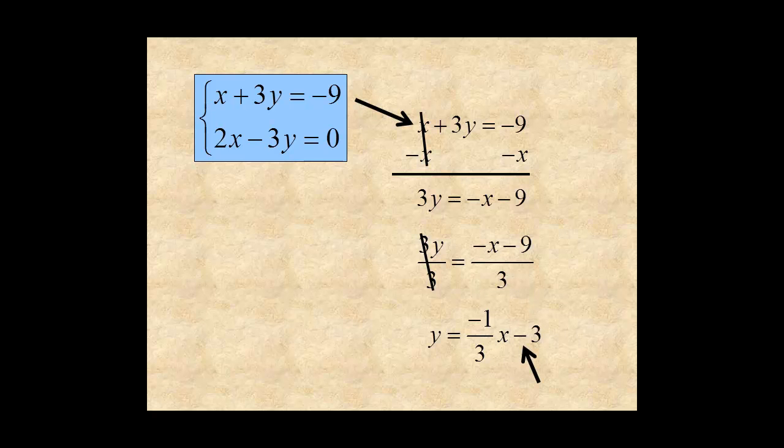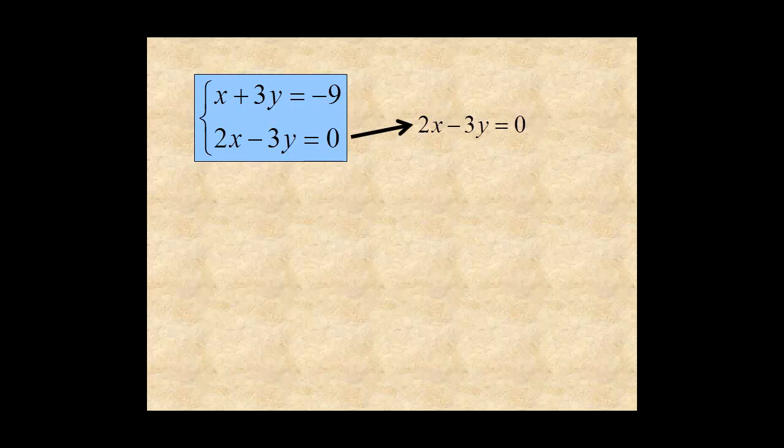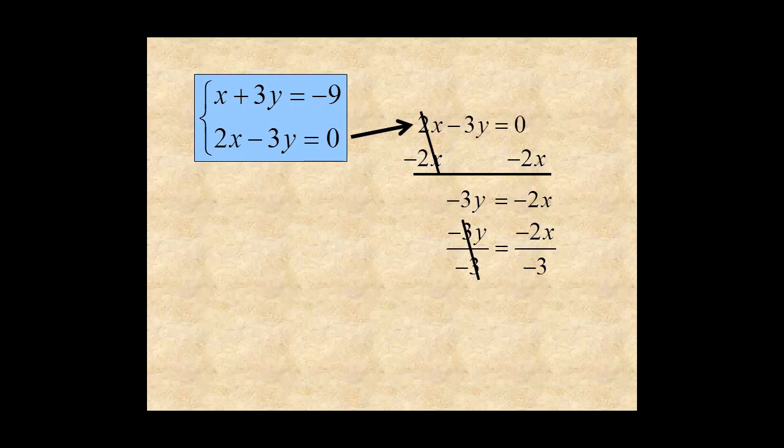And the equation in slope-intercept form is y = -1/3 x - 3. For the second equation, subtract 2x from both sides for -3y = -2x. Then divide both sides by -3 for y = 2/3 x.